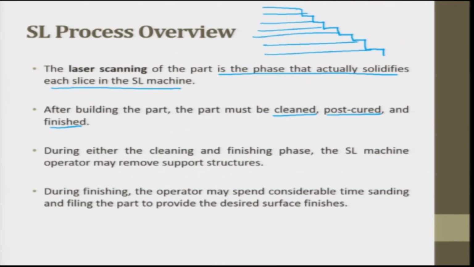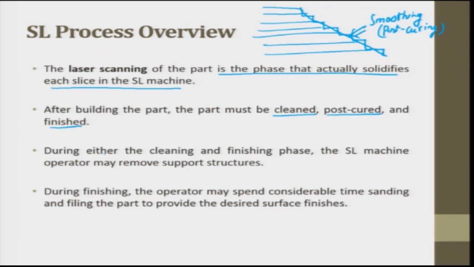So, this staircase effect has to be smoothened. This smoothening operation is called post curing operation. Post curing can be heat treatment, can also be smoothing and then getting the finished part.